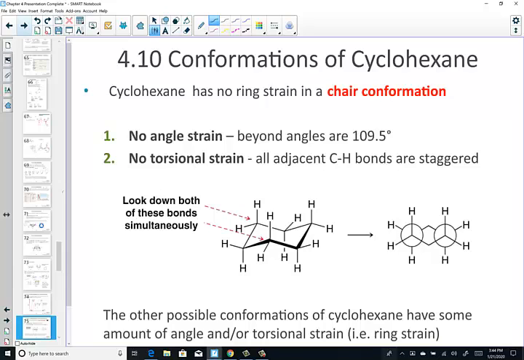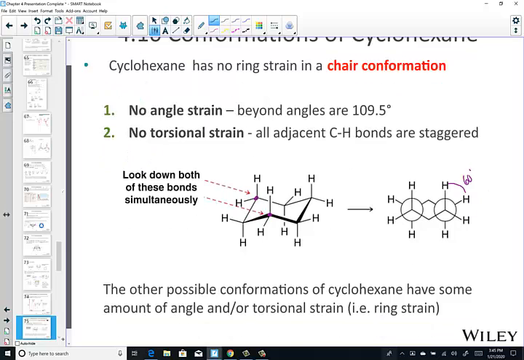So this chair conformation has no angle strain, no torsional strain, and all the adjacent carbon to hydrogen bonds are staggered. If you look between this carbon and this carbon, you can clearly see all of the arrangements here are in the staggered position, meaning that there's no hindrance, no interactions between hydrogens and hydrogens as we twist and look down those molecules.